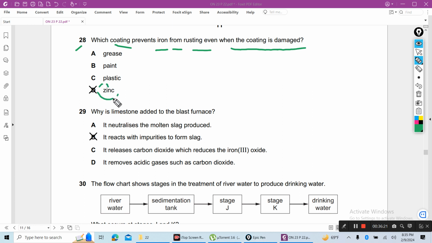Yes, this is zinc. Zinc is more reactive than iron, so if the coating is damaged, zinc is oxidized to form zinc ion instead of iron. This is known as sacrificial protection.